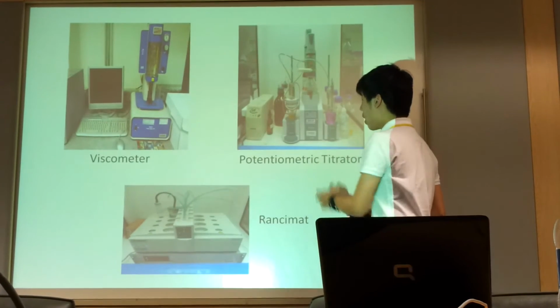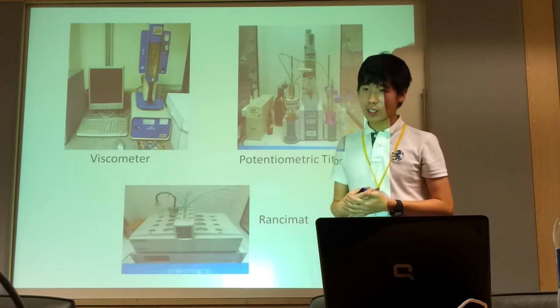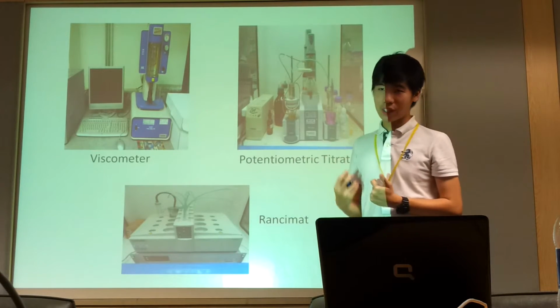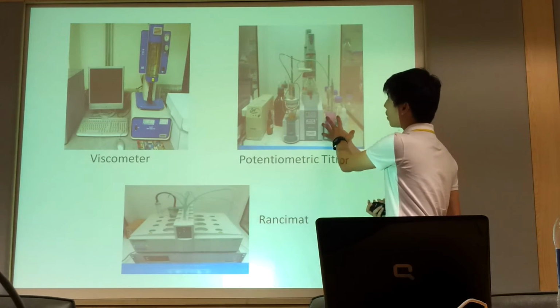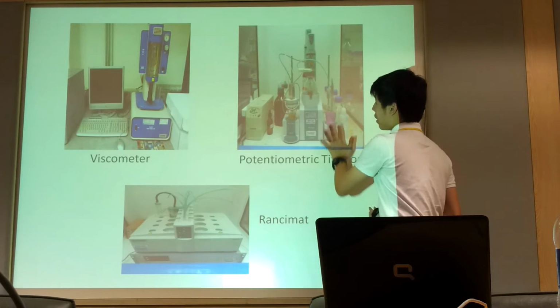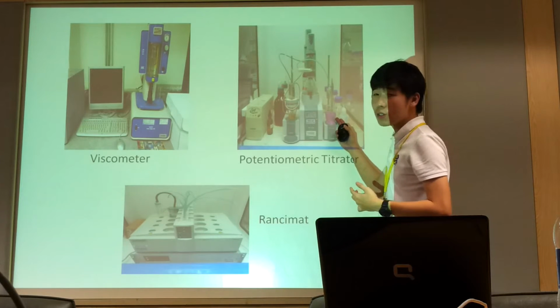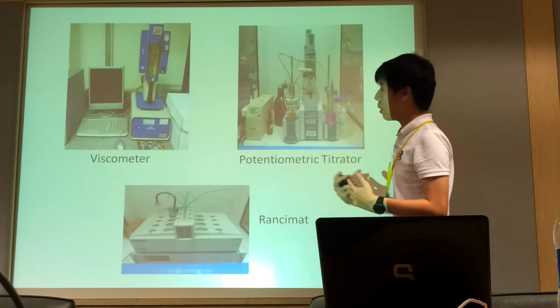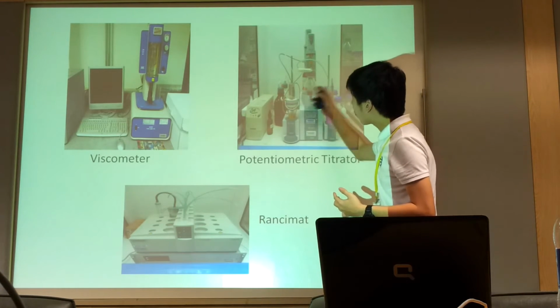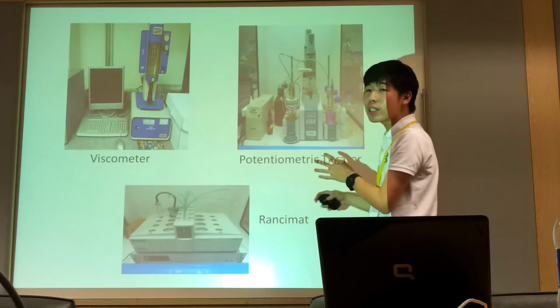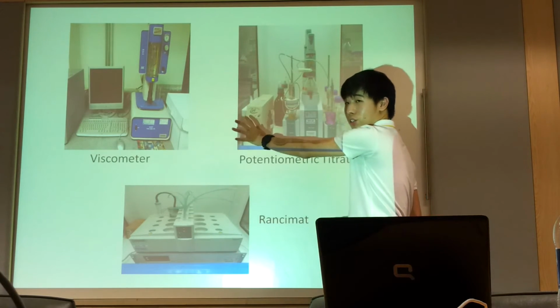The next is the potentiometric titrator, where we measure the acidity of the sample. This sample we have been putting in with phenolphthalein indicator, to show that it turns to a neutral color, becoming purplish, and the whole process will be measured by the laptop next to it.